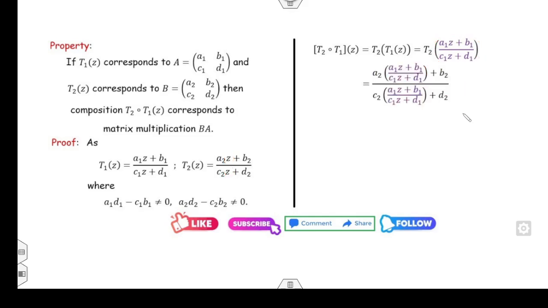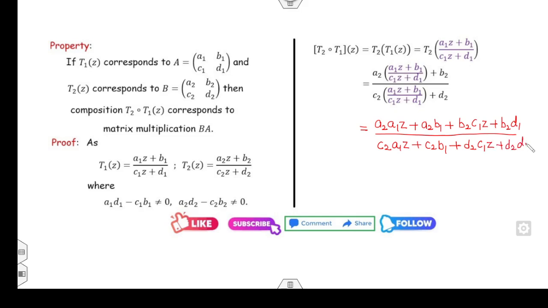Now you can take the LCM. If you take the LCM, C1 Z plus D1 will be cancelled out. It is A2 C1 Z plus A2 B1 plus B2 C1 Z plus B2 D1, divided by C2 A1 Z plus C2 B1 plus D2 C1 Z plus D2 D1.